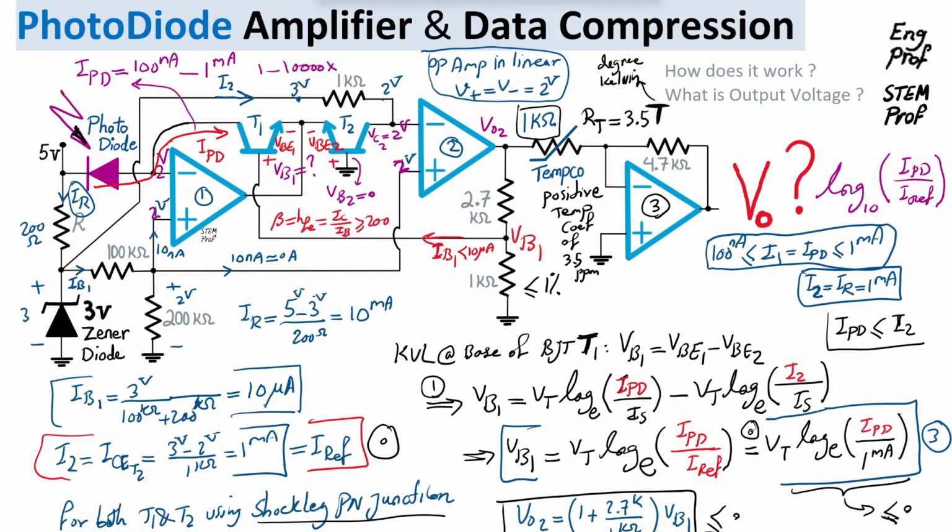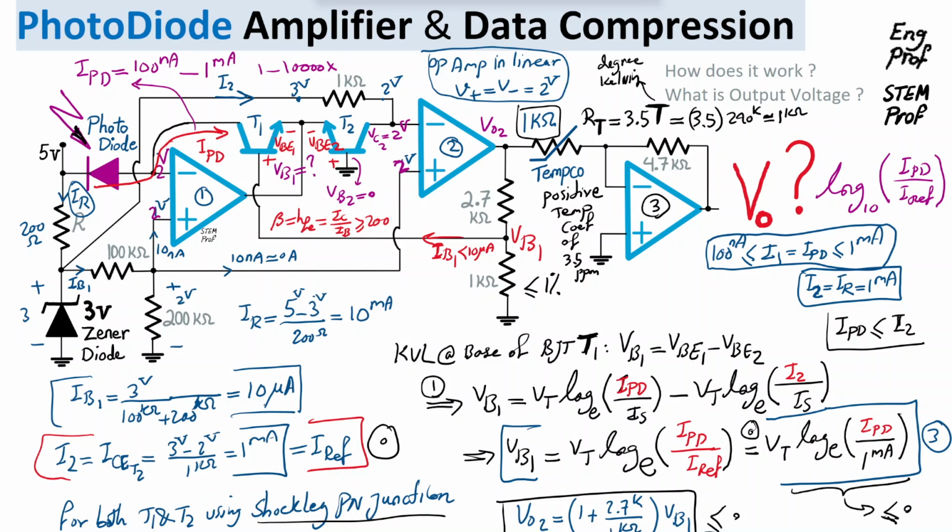Assuming that this Temco resistor is thermally in close contact with the junction of these transistors, which is easy to satisfy, the value of RT is 3.5 times T. You can test it. For example, if you apply T equal to 290, which is close to room temperature, 3.5 times 290 Kelvin will give you roughly 1 kilo ohm.